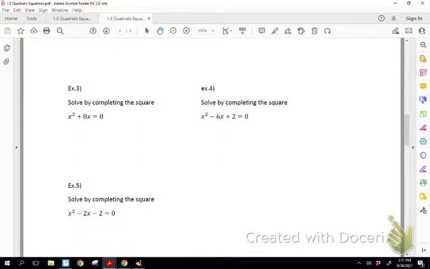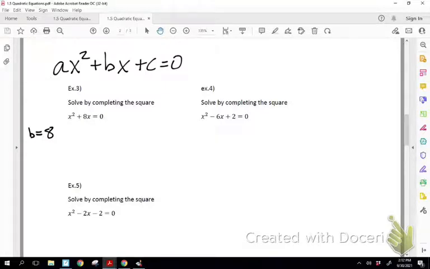So on number 3, I have a pretty simple equation. I could honestly solve this one by factoring, but I want to show you all completing the square. So in this problem, b is 8. And if you're confused because it doesn't really look like this right here, it's like it's lacking something. There's no c term, right?